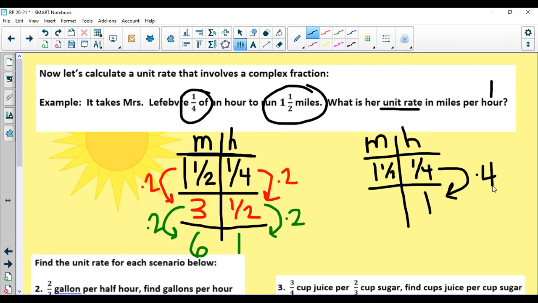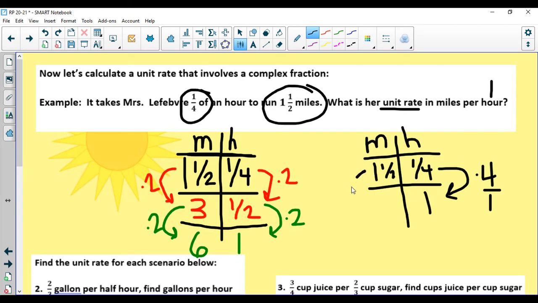And some of you know that to get a fraction, if I want to multiply it by something to get 1, I multiply it by its reciprocal. The reciprocal of 1/4 is 4 over 1. 1/4 times 4 over 1 would equal 4/4 or 1 whole.